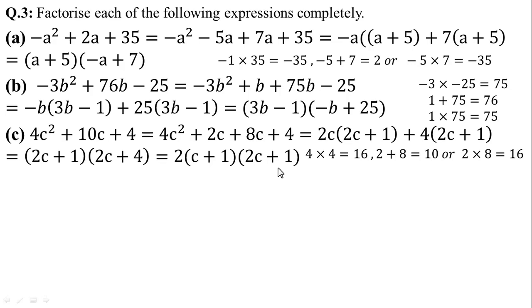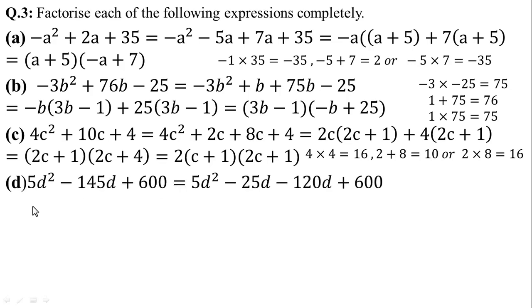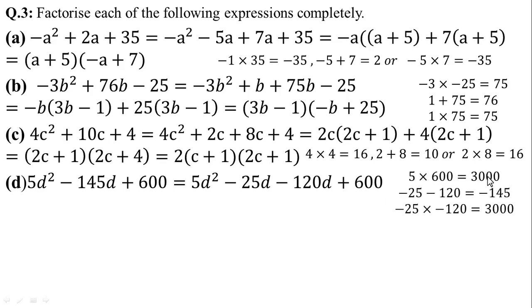So in question D, 5d square minus 145d plus 600. First of all, 5 multiplied by 600 is equal to 3000. Now, mid-term breaking of 145 into 2 parts: the addition answer is minus 145 and the multiplying value is 3000.